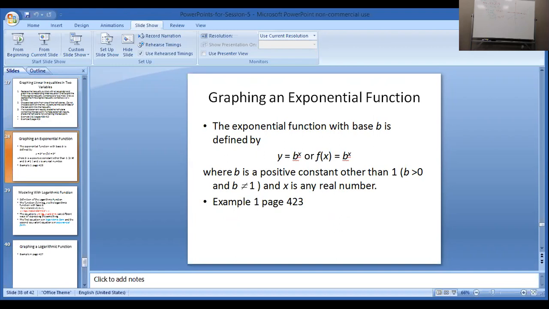You can see that you have f of x equal to 2 to the power of x. You just plug in different values for x, you get different values for y. And because the base is more than 1, you get a curvature. And you connect those dots. All right? Let's move on.